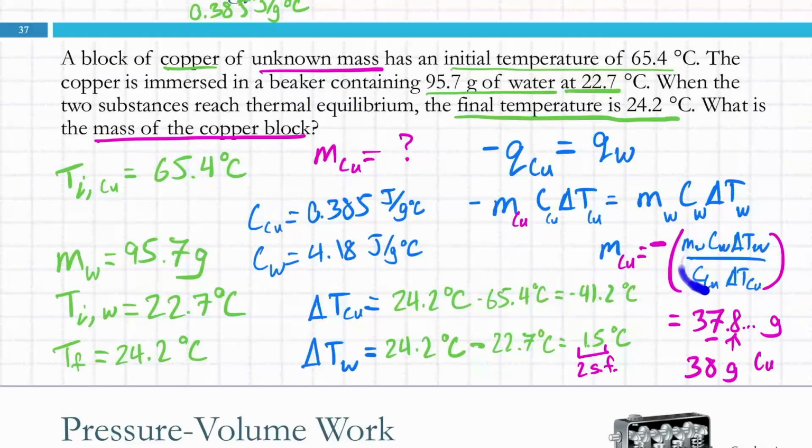You can just do everything inside and then multiply it by negative at the end. If you do everything inside, you should get negative this number, and then it just turns into a positive. You can't have a negative mass. That would be the other way that you could figure out flipping it.